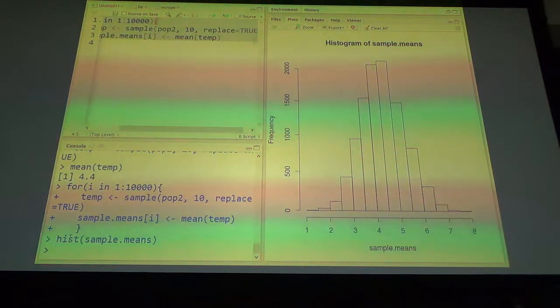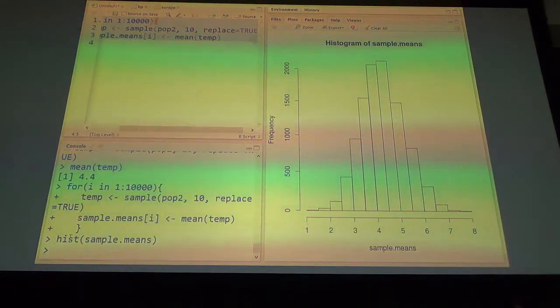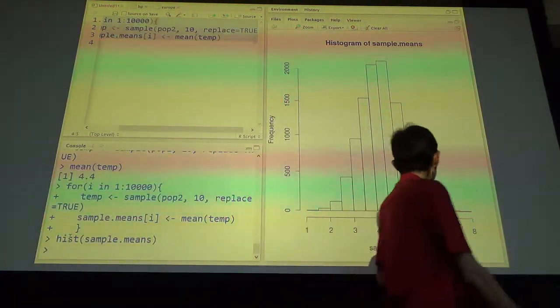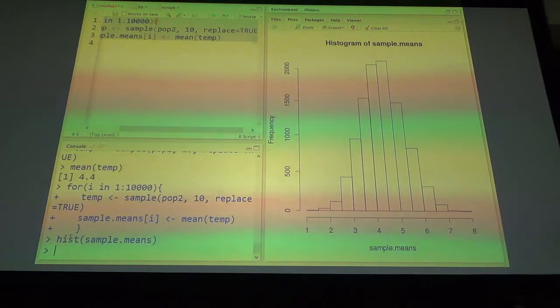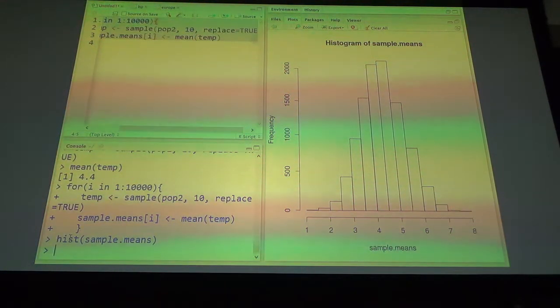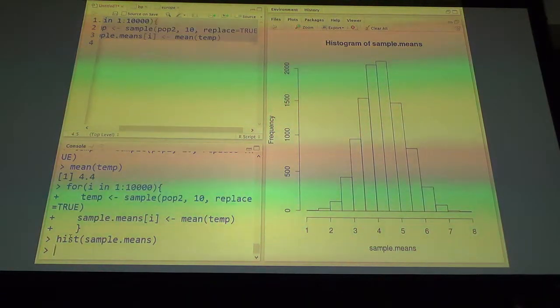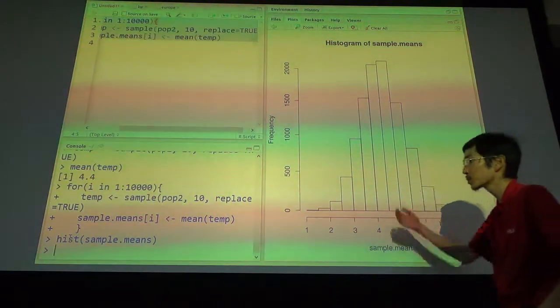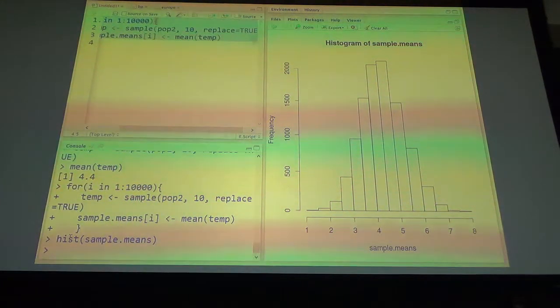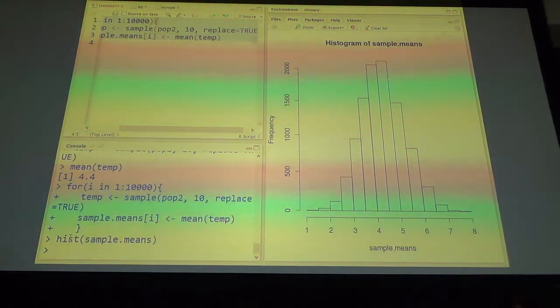That's what it looks like. It looks like a normal distribution. So we're taking the digits 0 through 9, and what we're seeing is that when we average a random selection of 10 digits, the most common sample means we're getting are right around 4.5, between 4 and 5.